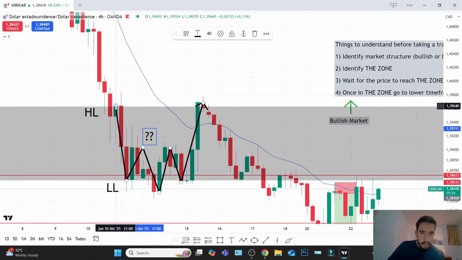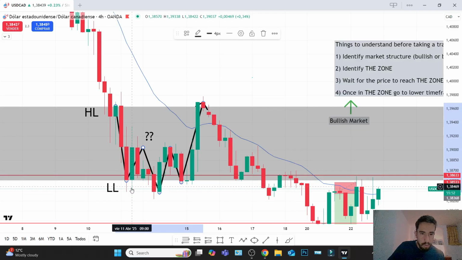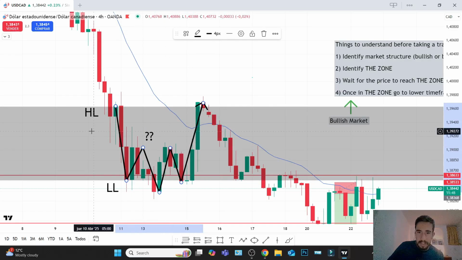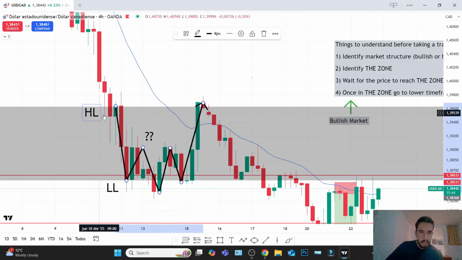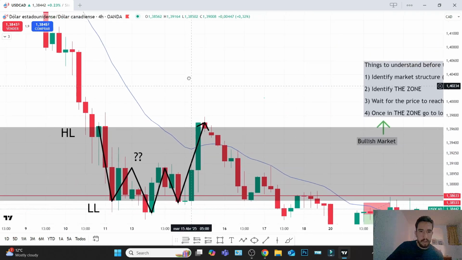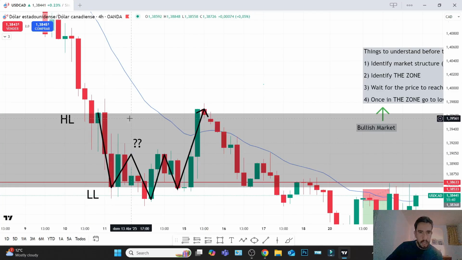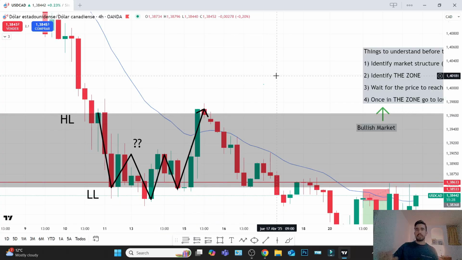Well, because this is the higher low and this is the lower low, everything that is inside this area is just market structure. It doesn't matter if the market goes up, down, up, down, as long as it doesn't go above this higher low or below this lower low. Everything inside of that area is just market structure.